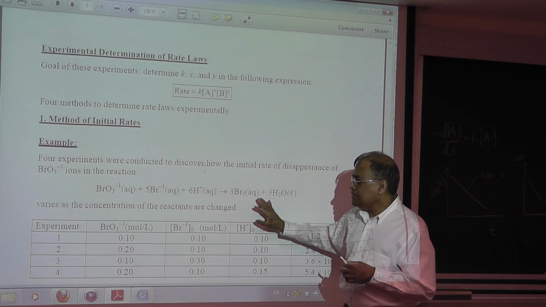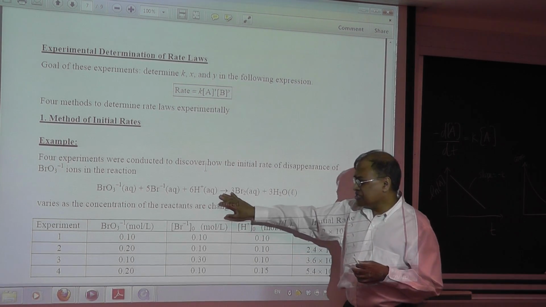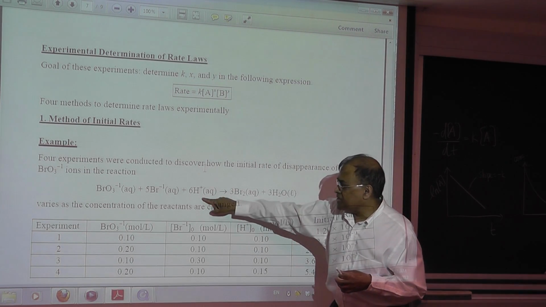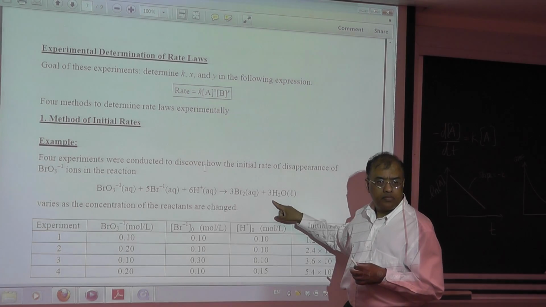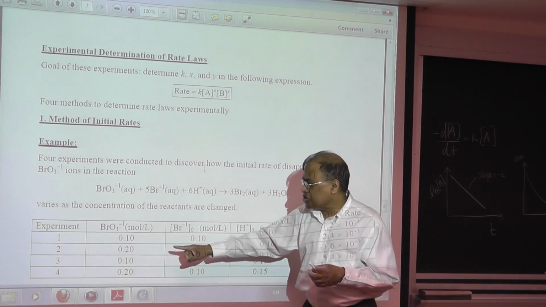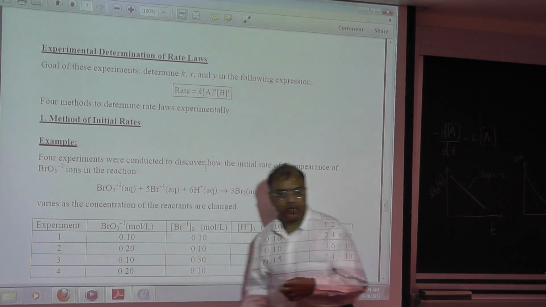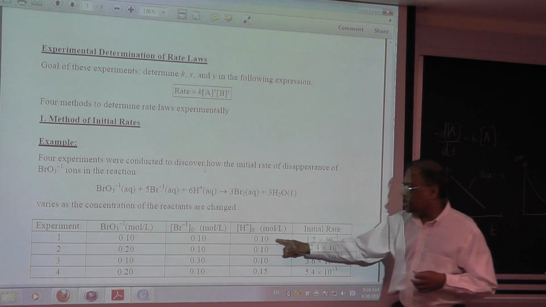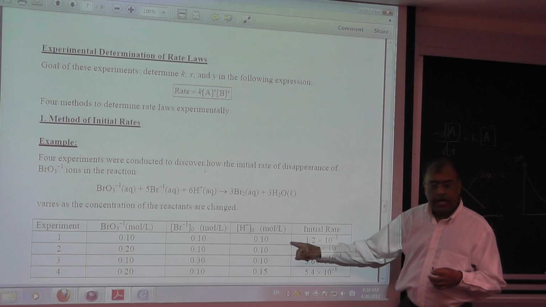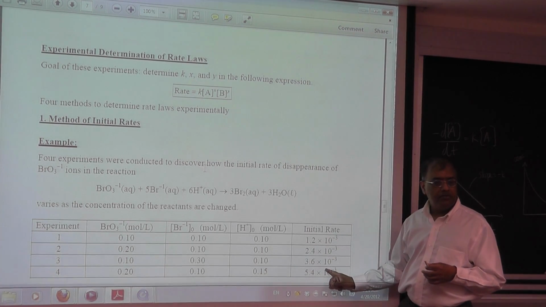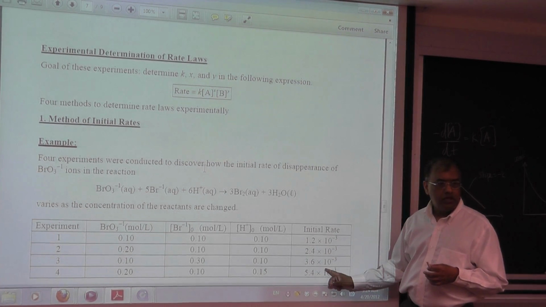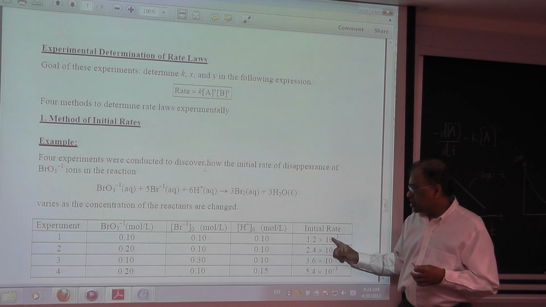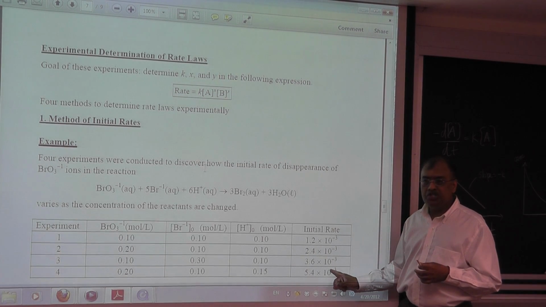What you're doing here is trying to figure out K, X, and Y for this reaction. You're doing 4 experiments with different initial concentrations, and you're measuring the initial rate. So 4 initial concentrations corresponding to 4 different initial rates.